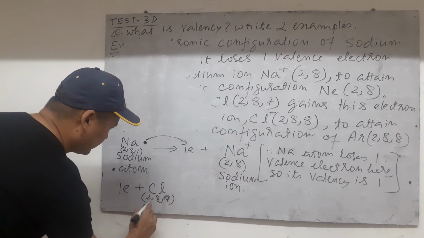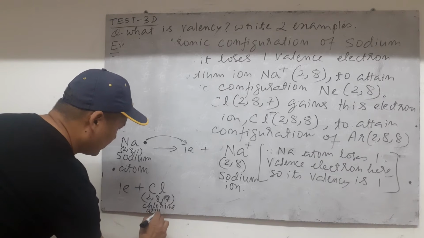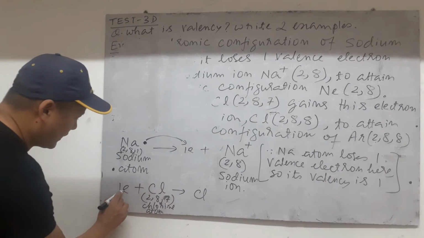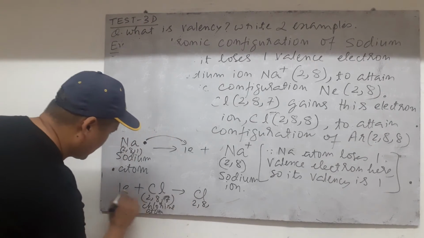So this is the chlorine atom. It gains 1 electron added here, meaning 2, 8, 7 plus 1 becomes 2, 8, 8.